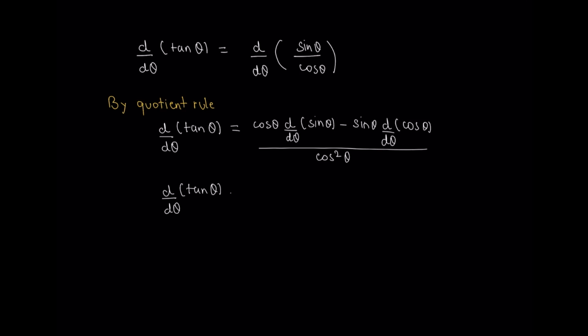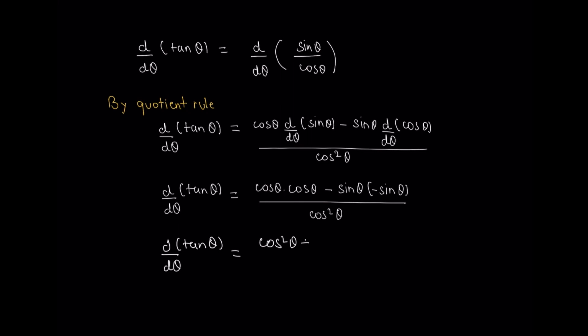The derivative of sine theta is simply cos theta, and minus sine theta times the derivative of cos theta, which is minus sine theta, upon cos square theta. So d upon d theta of tan theta equals cos square theta plus sine square theta upon cos square theta, and cos square theta plus sine square theta equals 1. So what I'm left with is simply 1 upon cos square theta, which can be written as secant square theta.